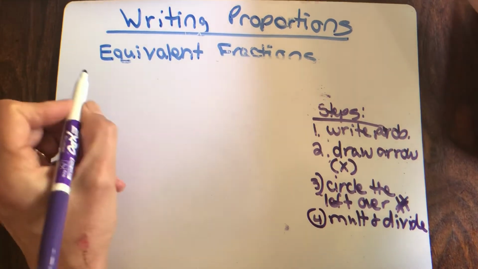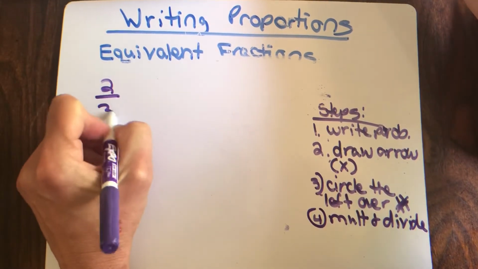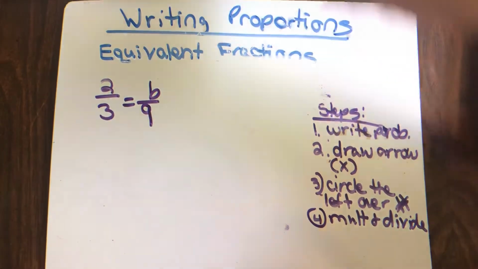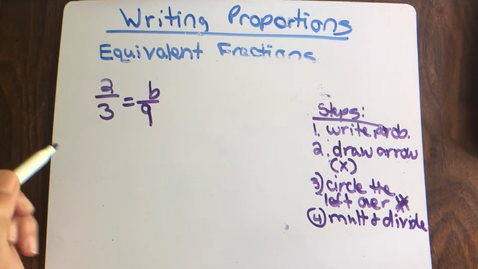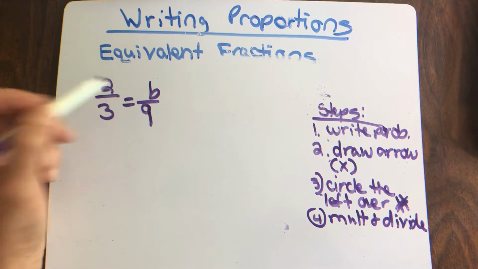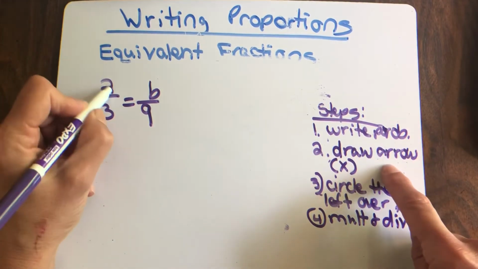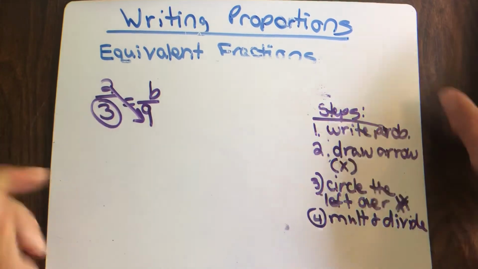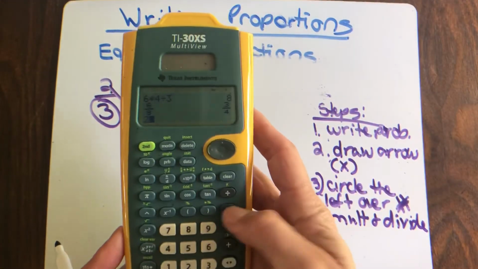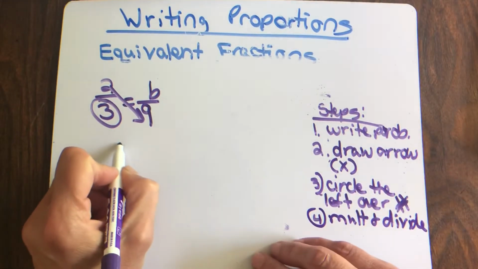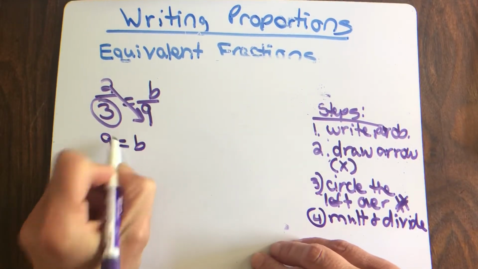So if you have 2/3, and that equals B over 9. 2 over 3 equals B over 9. Okay, so I see I have a missing spot. I want to write the problem, which I did. Draw my arrow, circle, take it to the calculator. 2 times 9, see how fast you can go.